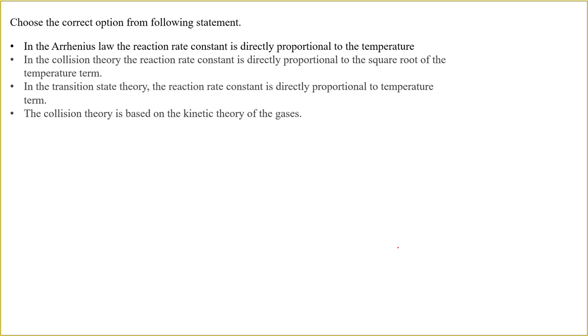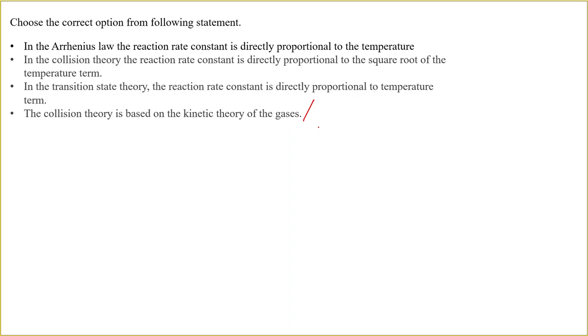So here we have been shown that the collision theory and the Arrhenius law are all coming from a similar theory that is based on the kinetic theory of gases, which leads me to the fourth statement of the problem: collision theory is based on the kinetic theory of gases.